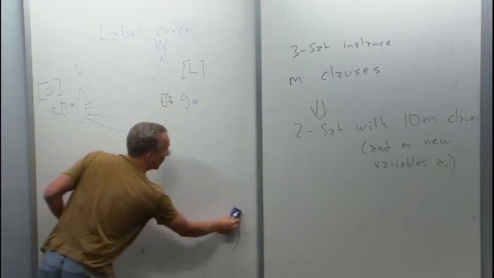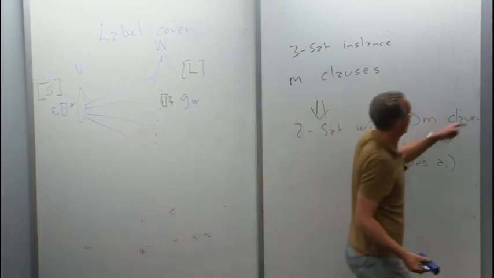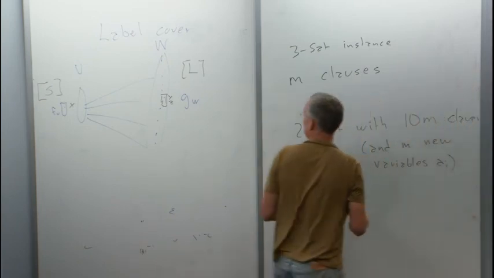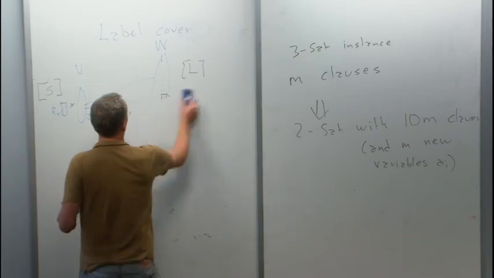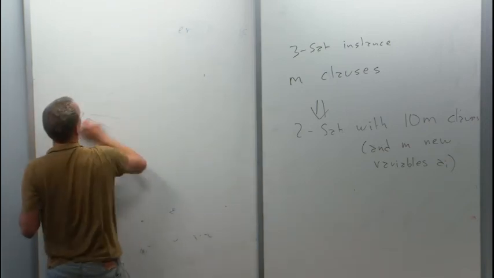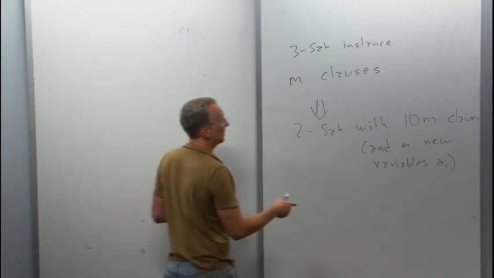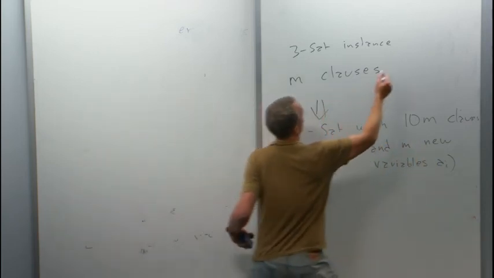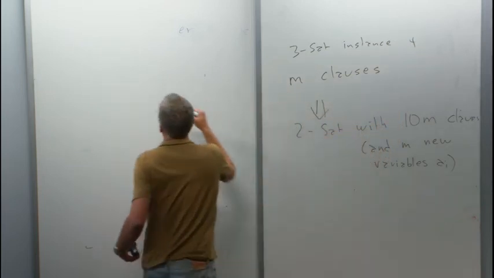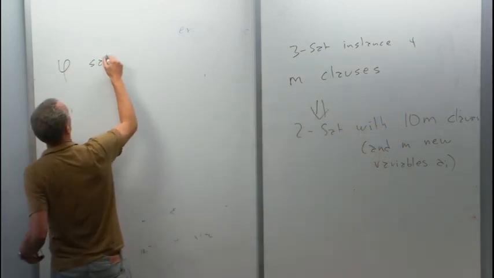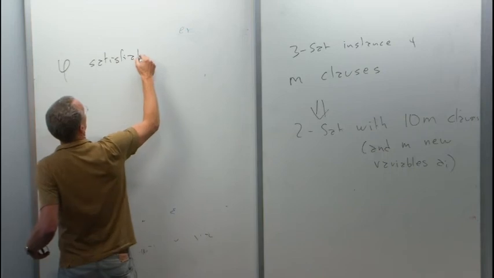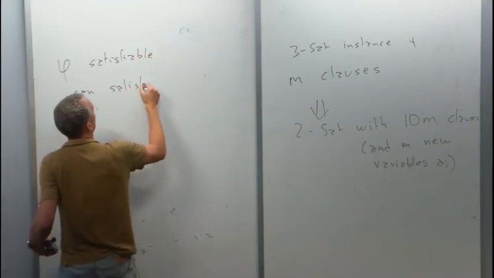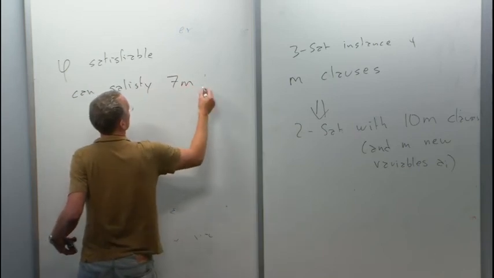Why 10 and not 5? Well, 1, 2, 3, 4, 5, 6, 7, 8. If you believe this property, if phi is satisfiable, then we can satisfy 7m new clauses.